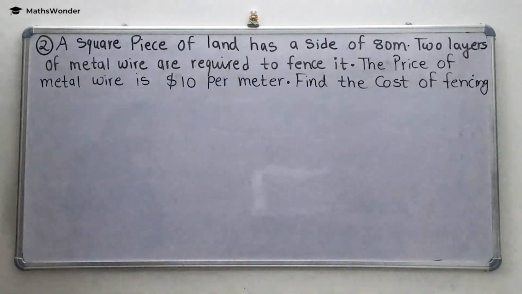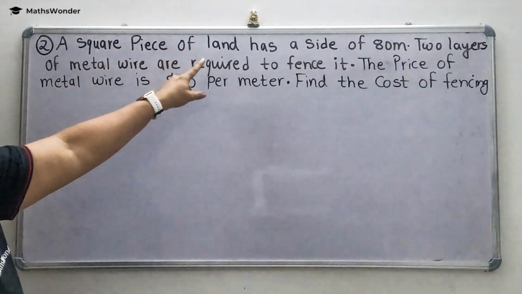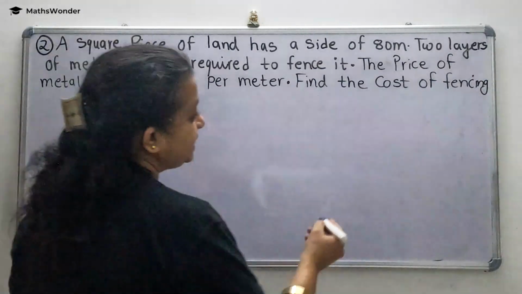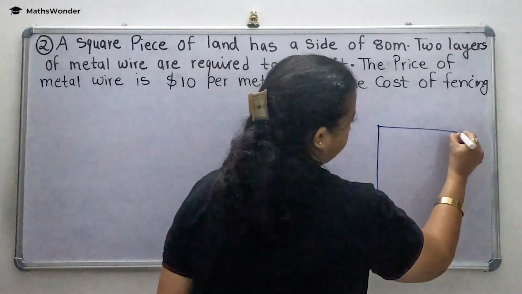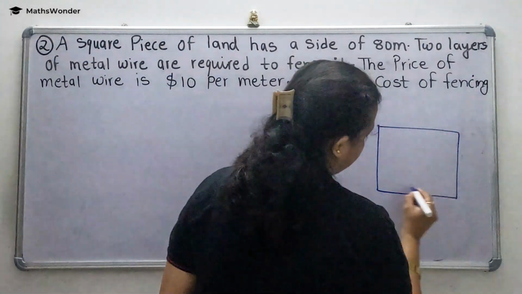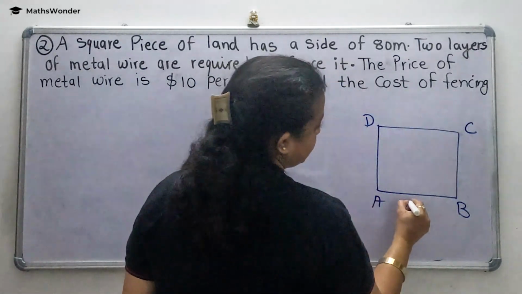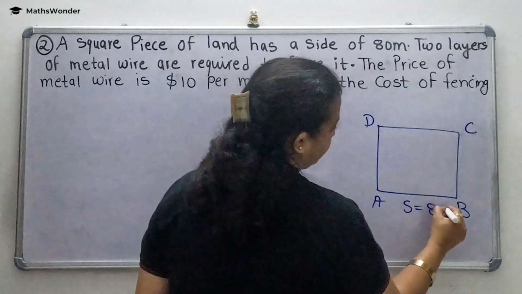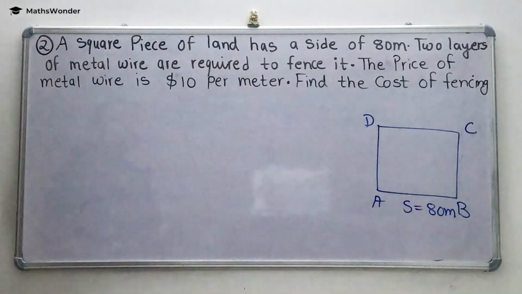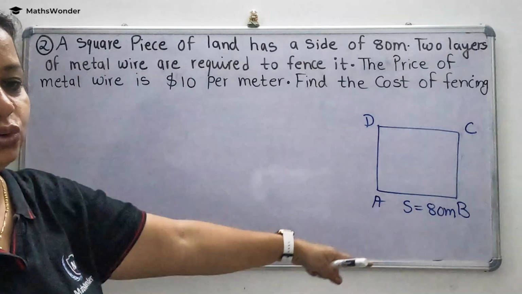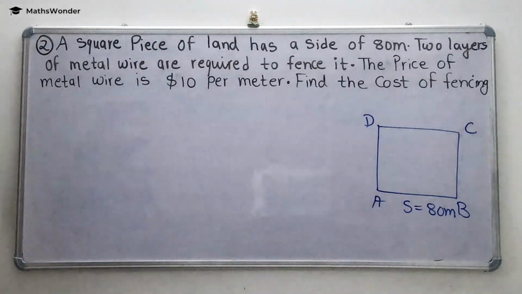Now the next question, the second question: a square piece of land has a side of 80 meter. This is the square. Side is given 80 meter. 2 layers of metal wire are required to fence it. 2 layers, okay?